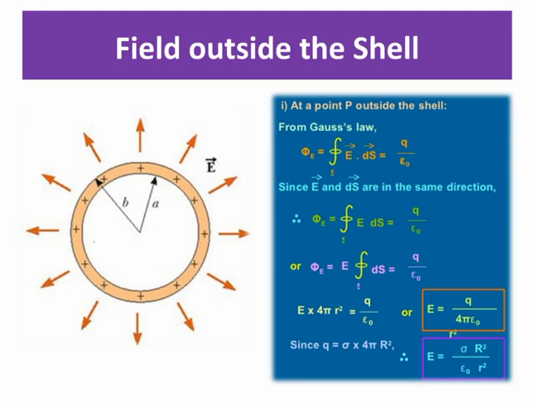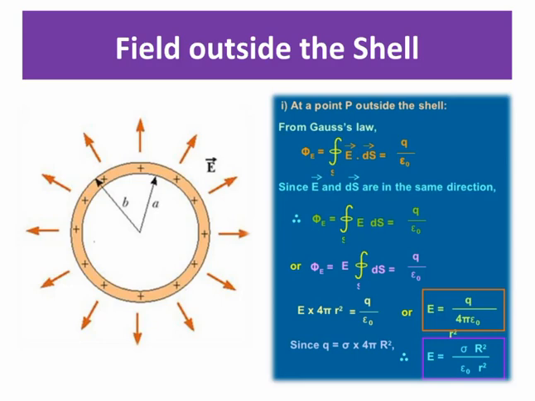If Q is greater than 0, the electric field is directed outward from the center of the shell, and on the other hand, if Q is less than 0, the electric field is directed inwards. Thus, for any point P1 outside the uniformly charged shell, the electric field is as if the entire charge on the shell is concentrated at its center.